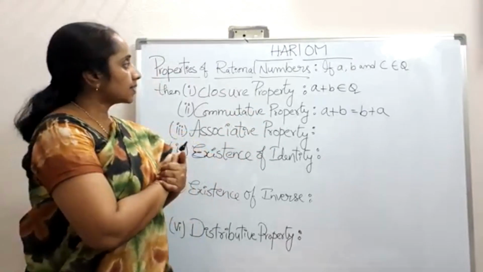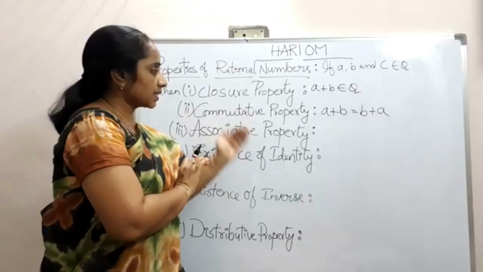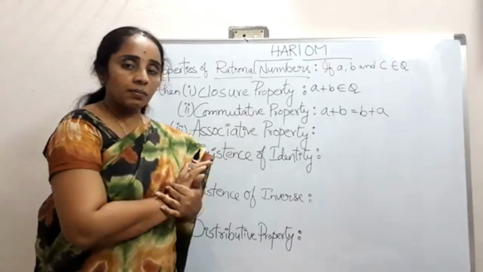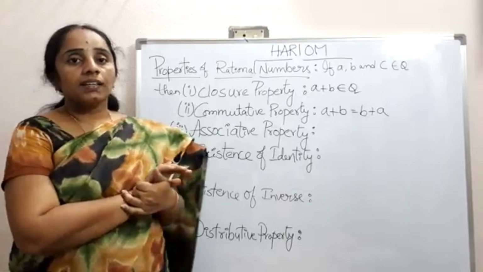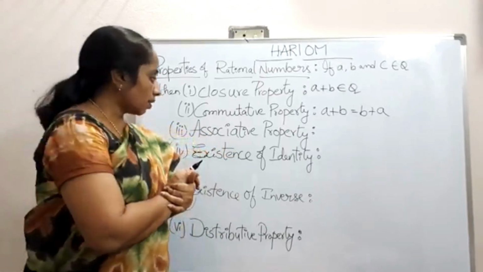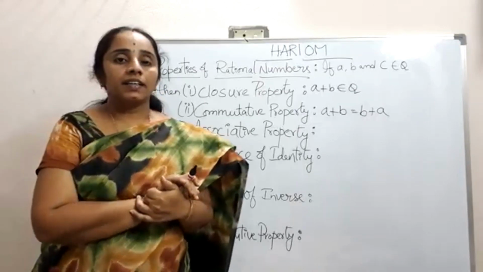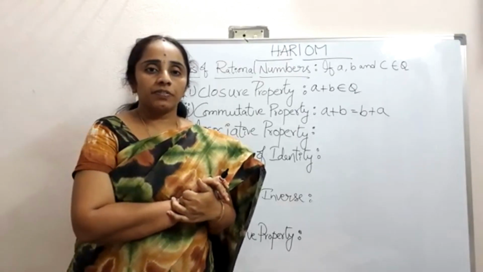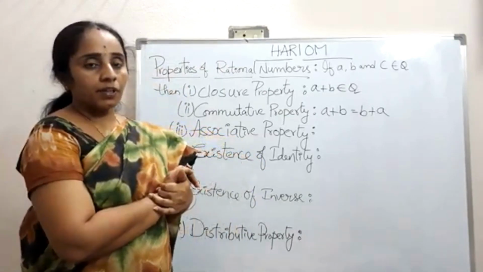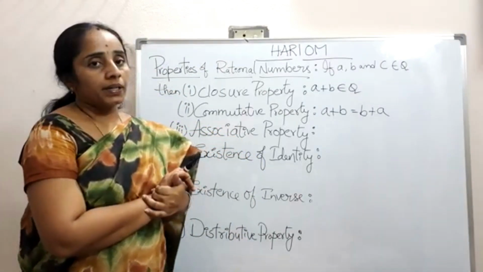Here, once again, I am recalling the properties of rational numbers. Why? Because in this class we are going to apply these properties in the simplification of rational numbers. So, as a part of this, once again I am recalling all these properties.